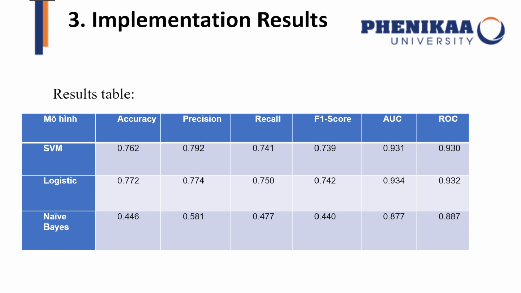SVM produced almost equivalent results with accuracy 0.762 and F1 score 0.739, and AUC is 0.931. ROC is 0.93, confirming its reliability. Naive Bayes performed significantly worse with only accuracy 0.446 and F1 score 0.44, close to random prediction, although its AUC is 0.877.